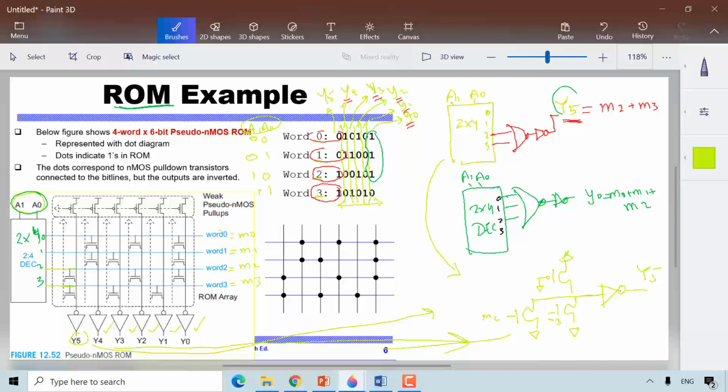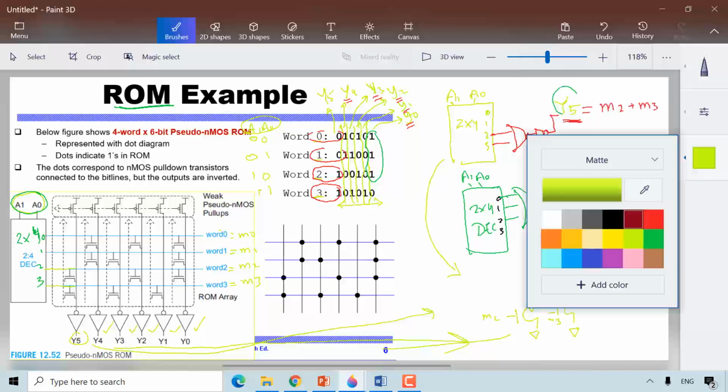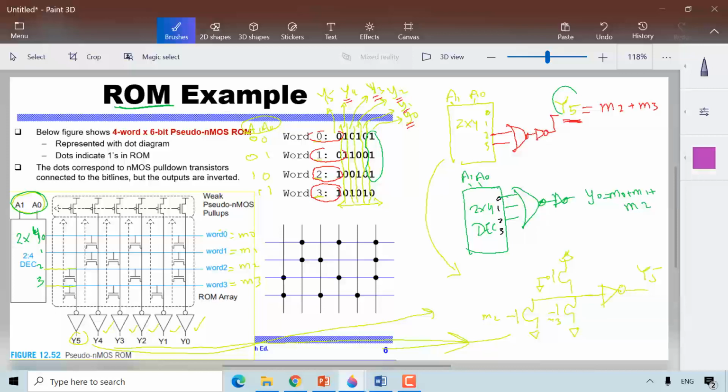Now you can see there is a one-to-one correspondence between the presence of a transistor and the one, and the absence of a transistor and the zero. Look at this memory here. Whenever we have a zero for minterm 0, there is an absence of a transistor for Y5. But then I have a 1 here, a presence of a transistor, and a 1 here, a presence of a transistor.